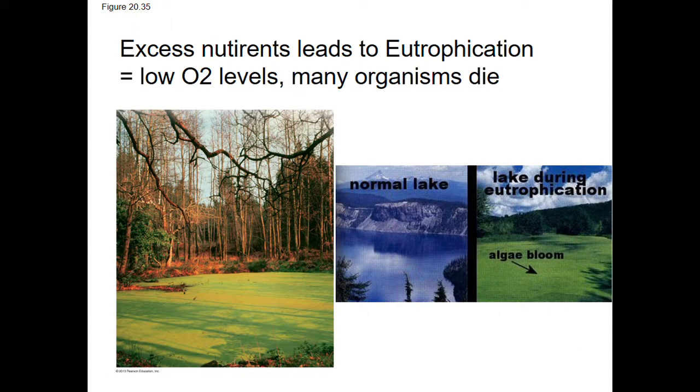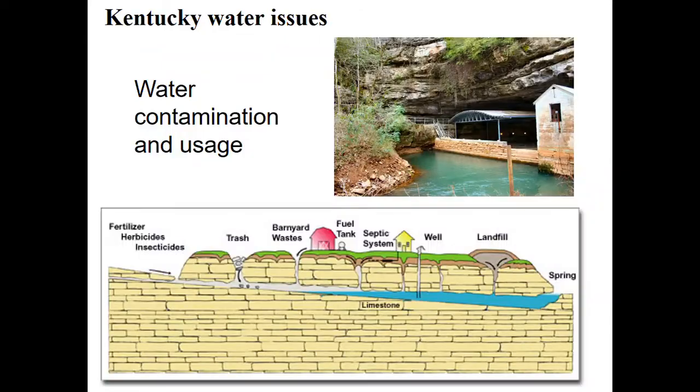Algae loves the nutrients. There'll be an algae bloom where it'll grow ridiculously fast. And while it's growing, it's using oxygen in the water, so fish that are living under it don't get much oxygen and they end up dying. I mean, look at the difference in those lakes. It's crazy, and this is definitely an issue in Kentucky, to put it into perspective.